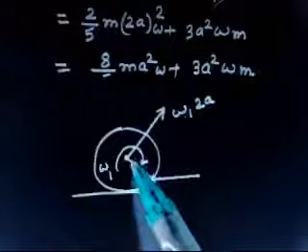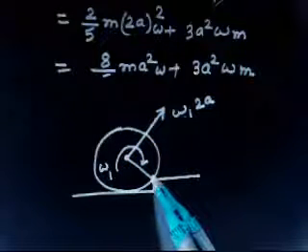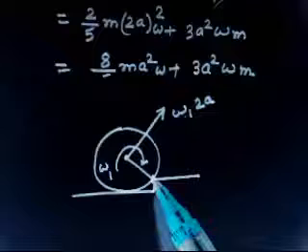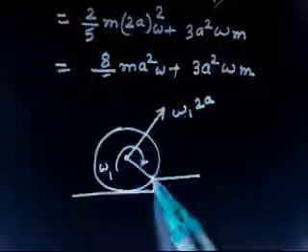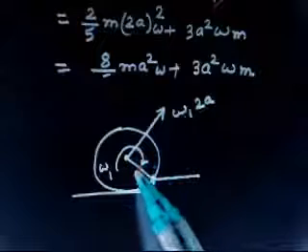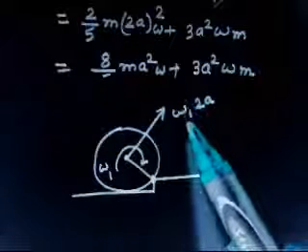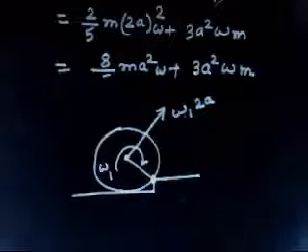Once this collides, this sphere will have a tendency to lift up. About this point there is no slipping, so the sphere will lift up about this point. Let us say it is lifting with angular velocity omega 1. So the center of mass will have a velocity perpendicular to the radius, that is omega 1 into 2a.